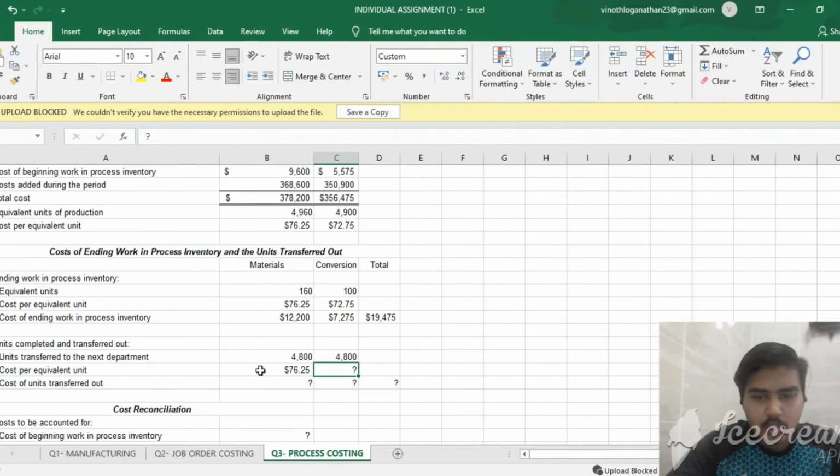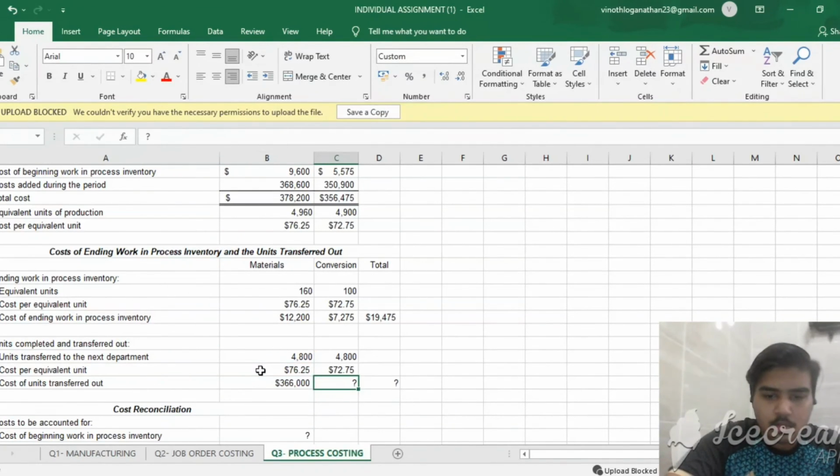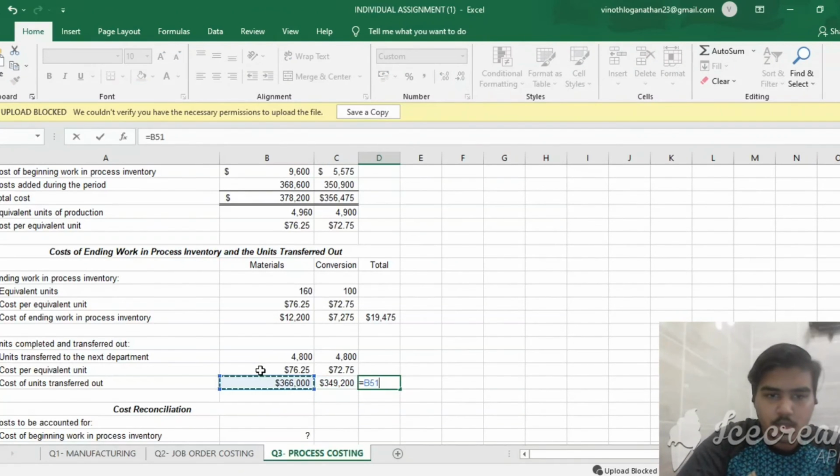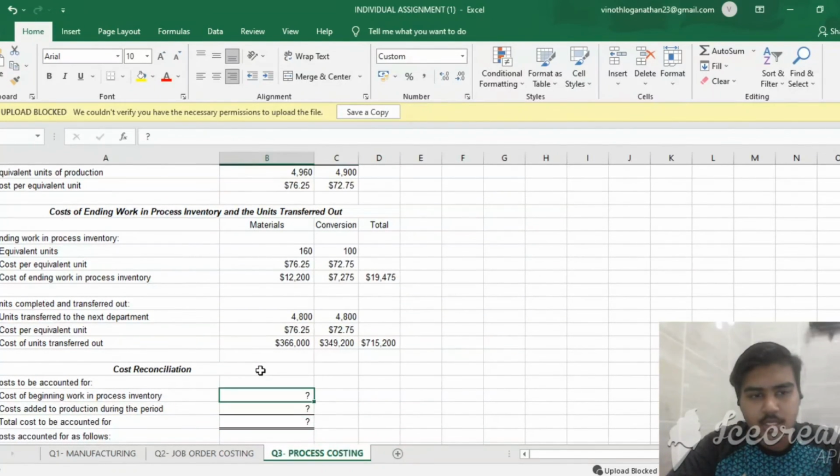This is for the conversion, so we just times this 2. This equals 4,800 times 72.75, and this will be the total at this work. Yes, we get 715,200.